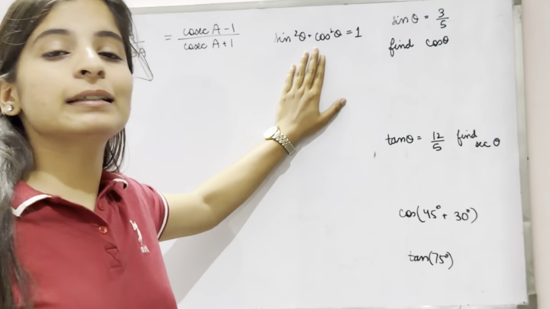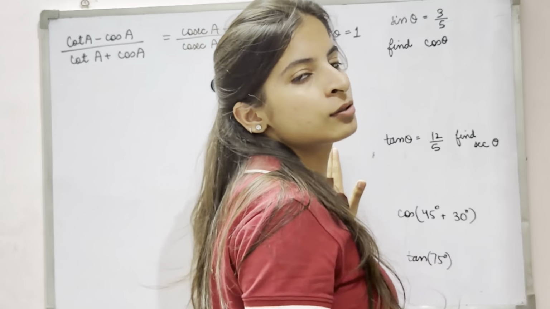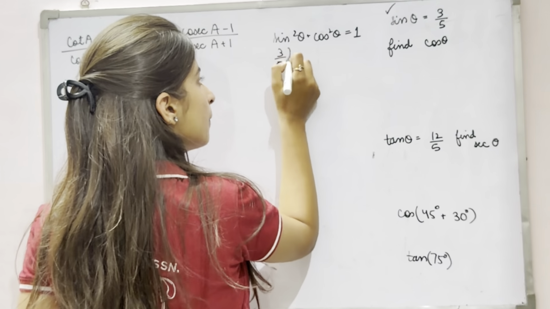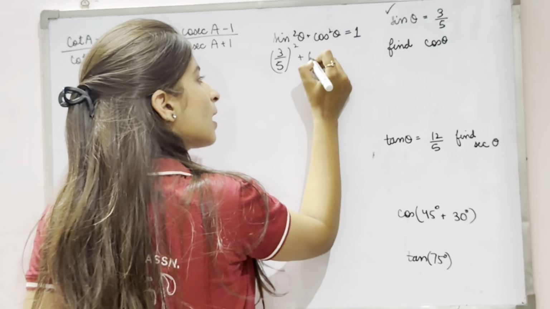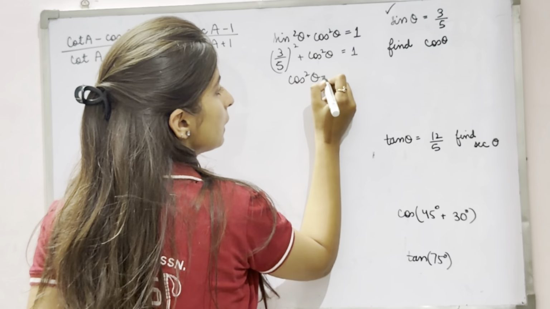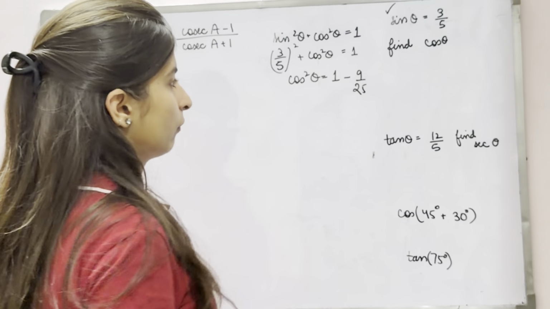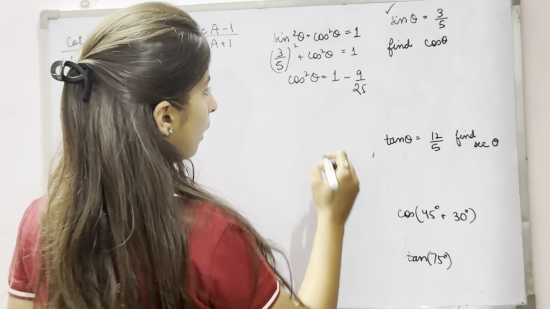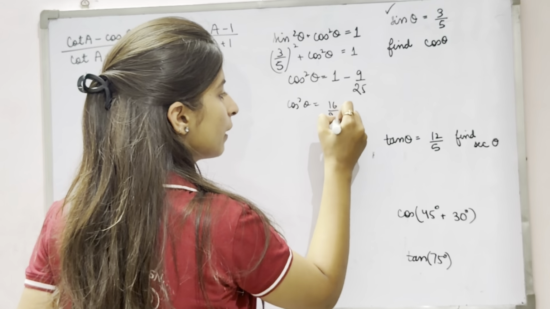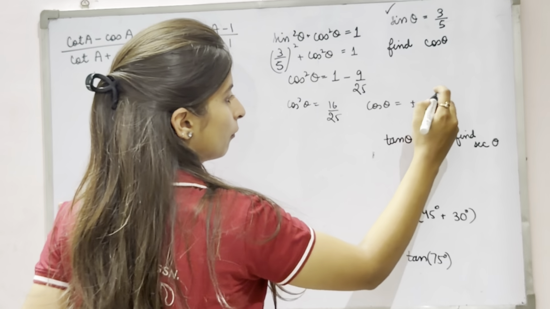Always write the identity; don't miss it, otherwise you have more chances of making mistakes. 3 by 5 whole square plus cos square theta equals 1. Cos square theta equals 1 minus 9 by 25. Clear? Cos square theta equals 16 by 25 and cos theta equals plus minus 4 by 5.